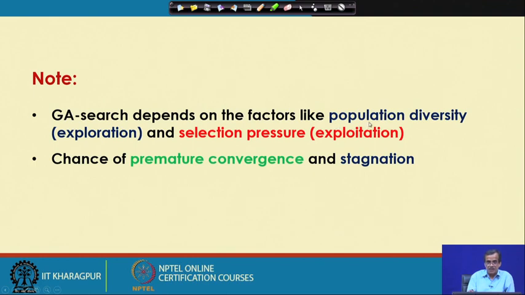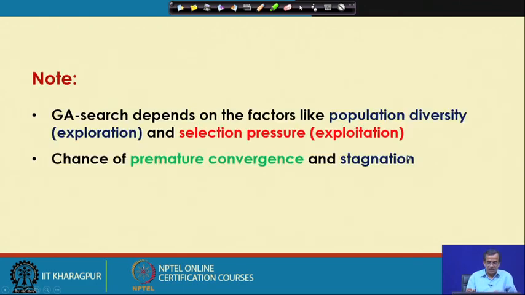He will not be able to produce good research results, and consequently, he may not get promotion in his career, and there could be stagnation. So, if the population diversity is more, that is, exploration is more, there is a chance of stagnation.